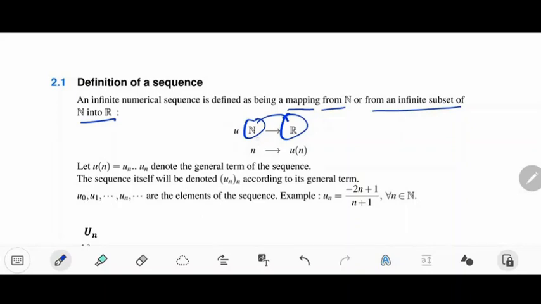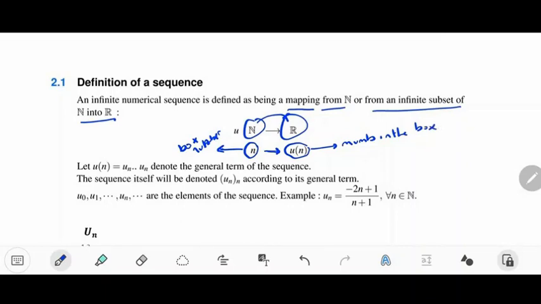So it's a mapping going from N to R, where to each n, which is the box number, we give a corresponding image, which is U of n, if the mapping is U. So U of n is the image of n, which will be the number in the box.